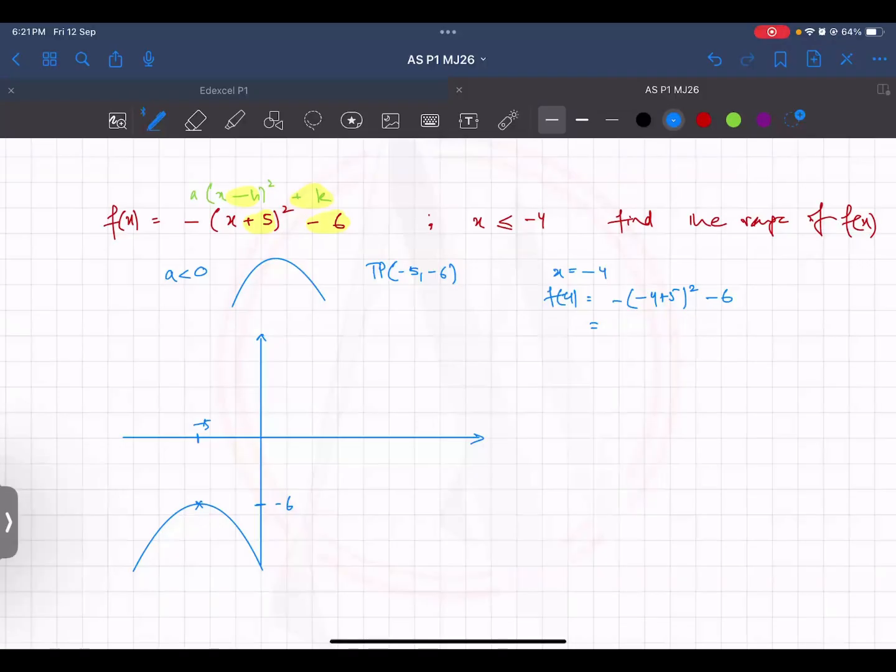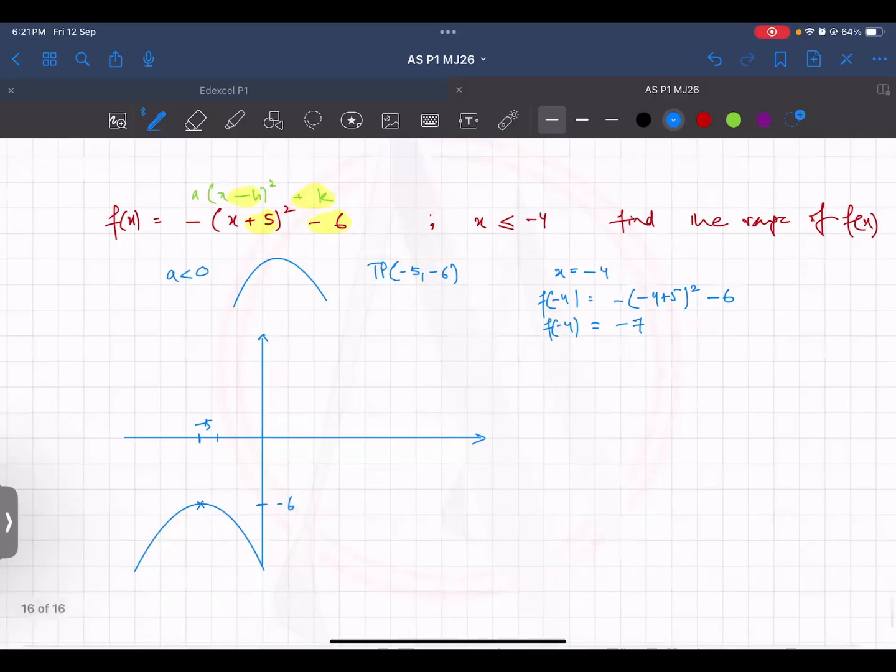Minus 4 plus 5, 1. 1 square is 1. And minus 6, minus 5. Yes, minus 7. So it is minus 4 and it is minus 7.